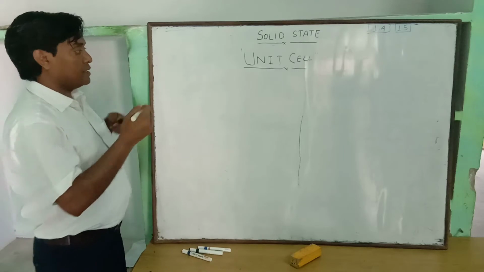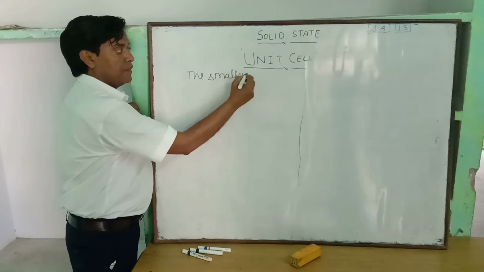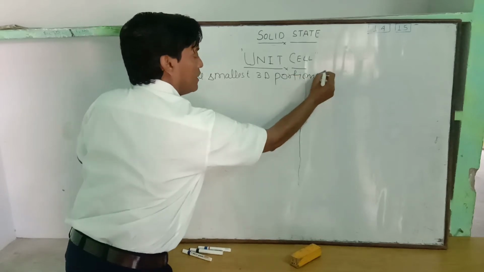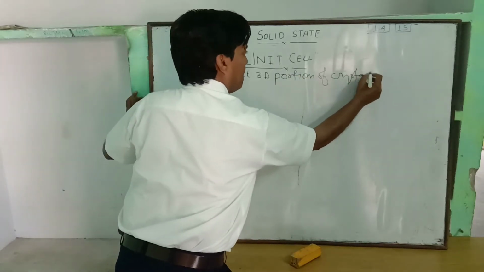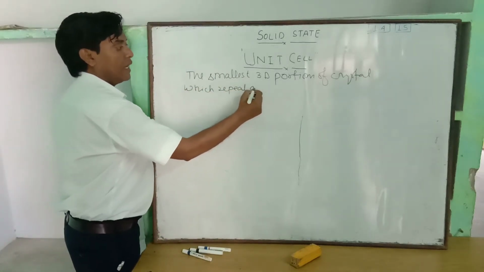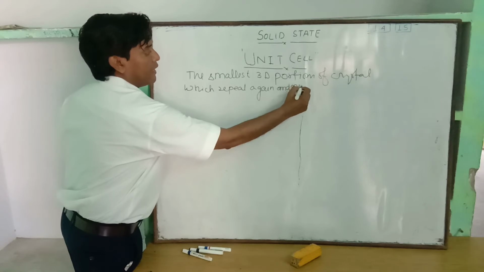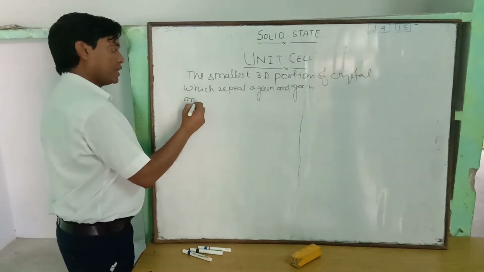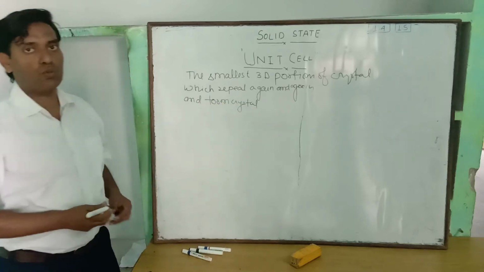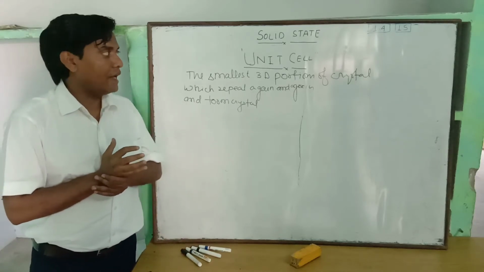In this way, we can say that the smallest 3D portion of a crystal which repeats again and again and forms the crystal is known as the unit cell.